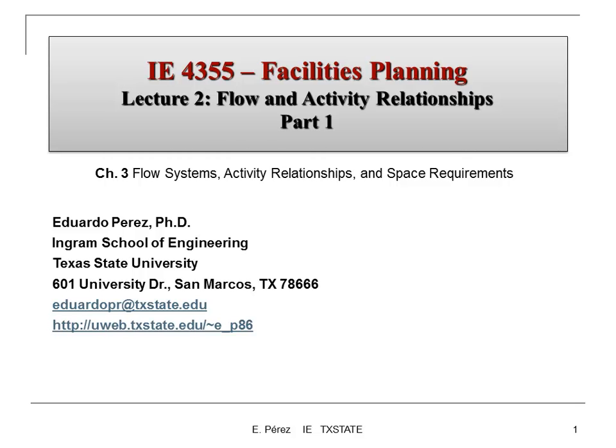You can read part of your textbook, chapter number 3. Part of the material that we're going to discuss in this lecture is coming from that chapter: flow systems, activity relationships, and space requirements.